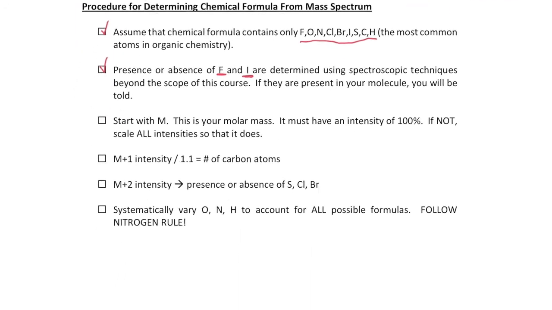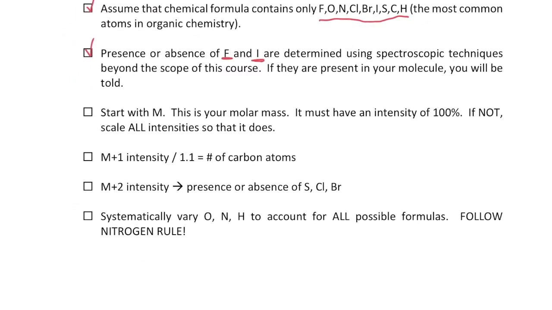Then what do you do? You should always start with M. That's your molar mass, okay? So you're going to get your molecular weight. It will have some percent abundance assigned to it. Now, the base peak by default gets 100%. In order to get a ratio and a relationship that'll work in the M plus region to find out the formula, you need to scale everything so that your M plus has 100%.